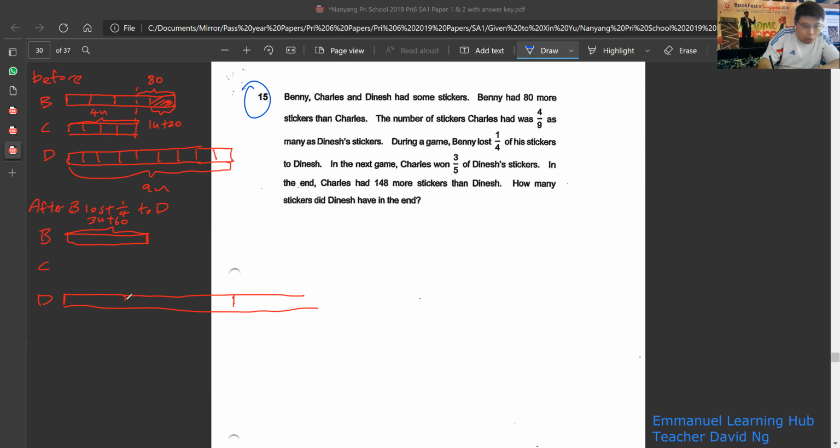Okay, this is my 9U. This is my 1U plus 20. Okay, I understand the drawing. Yes. Okay, because Benny lost 1U plus 20 to Dinesh, which is 1/4 of the stickers.